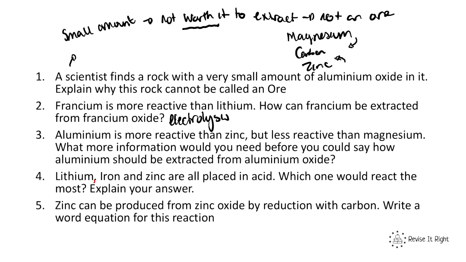So really we need to find out whether it's more or less reactive than carbon. Okay, so it's either going to be here or here. So we need extra information.